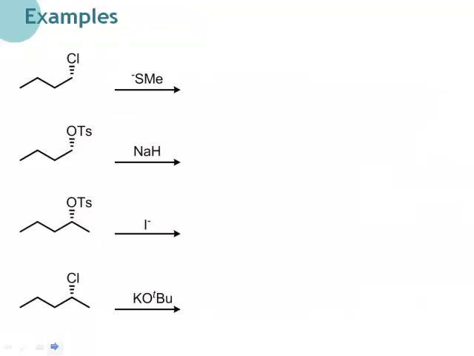So let's go through a few examples, seeing what we can recognize from each example and try to figure out where we're going with each one of these. So I like to start with not the substrate, trying to figure out if what we're reacting with is a nucleophile or a base.